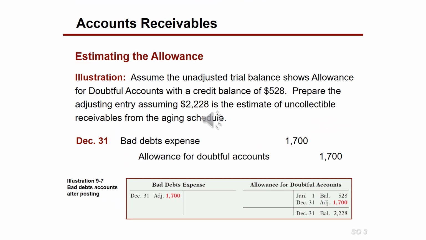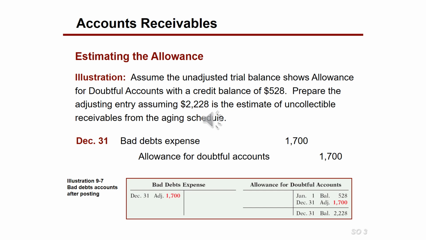Here we have an example that says assume the unadjusted trial balance shows allowance for doubtful accounts with a credit balance of $528. Prepare the adjusting entry assuming $2,228 is the estimate of uncollectible receivables from the aging schedule.